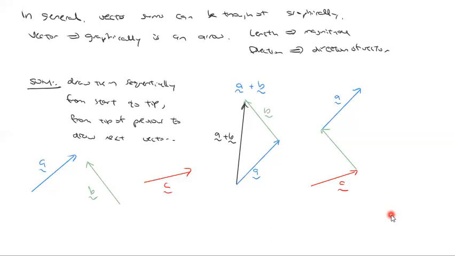Then from the end of C, which is over here, I've drawn B. And then from the tip of B, I've drawn A. Then from the very start, which is here, to the very end, which is here, we draw this vector, and this vector represents A plus B plus C. Make sense? Yep.